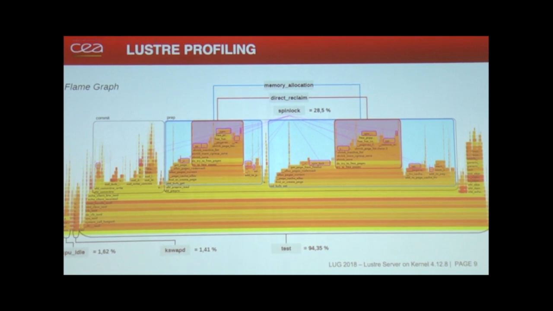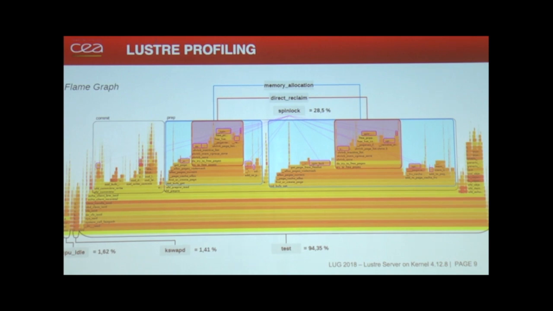To sum up, here you have the symbols, the functions that write data on disk. And here you have all the steps to put data in memory and to flush data from memory to disk, sorry.